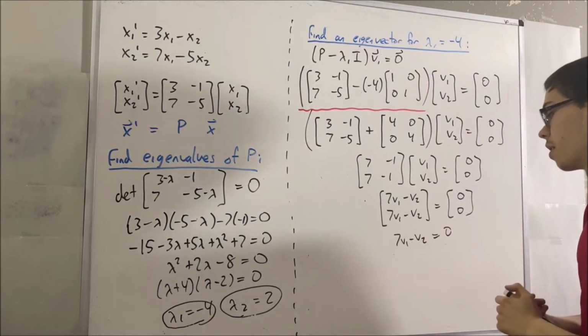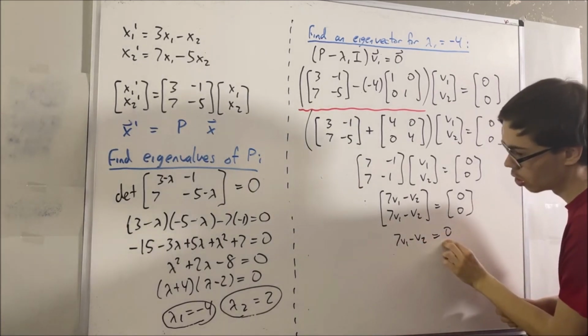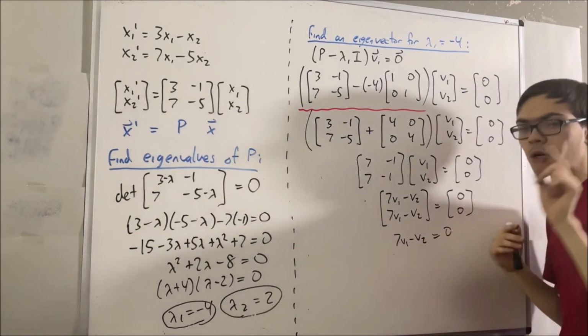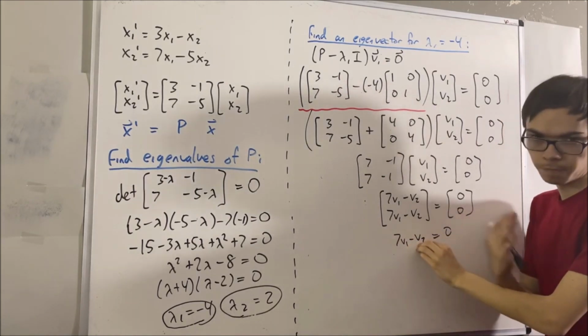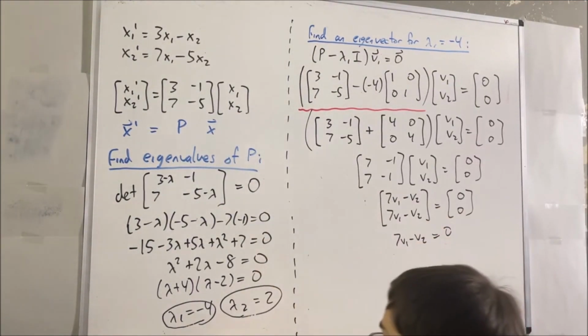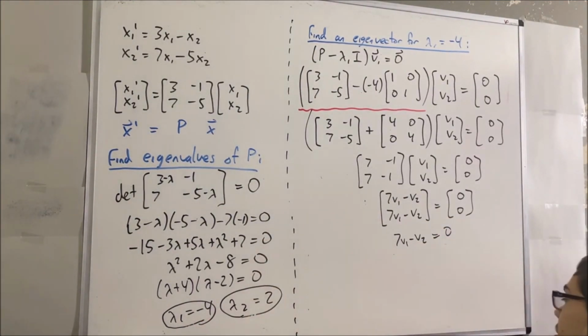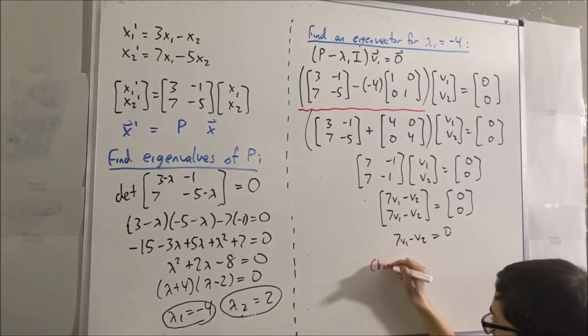Turns out, there are infinitely many choices for V1 and V2 that satisfy this. We just need to choose one particular choice. But V1 and V2 cannot equal 0. They have to be non-zero. And I like to choose V1 and V2 such that they're both integers. That's the way I like to do it. So what we can do is say that V1 is equal to 1.